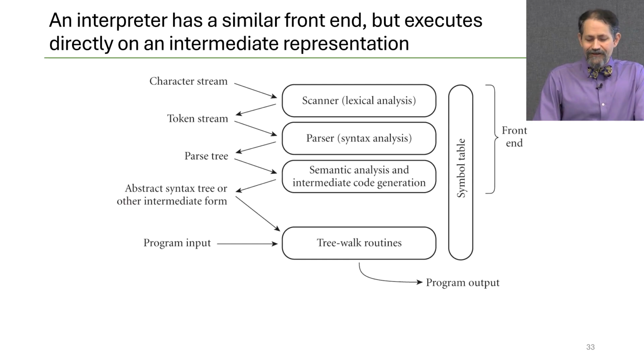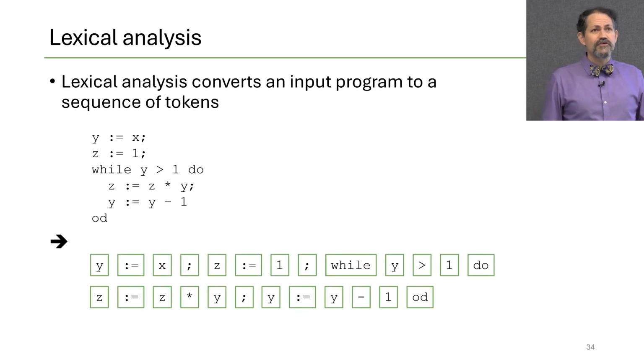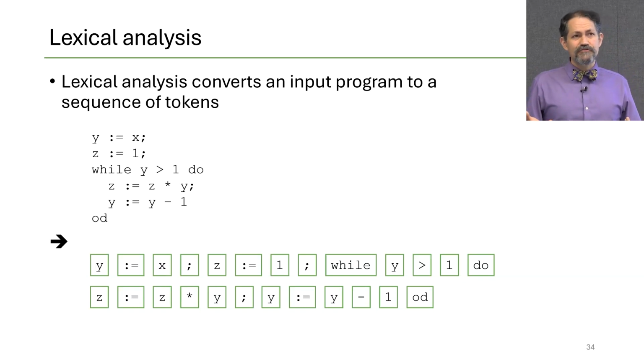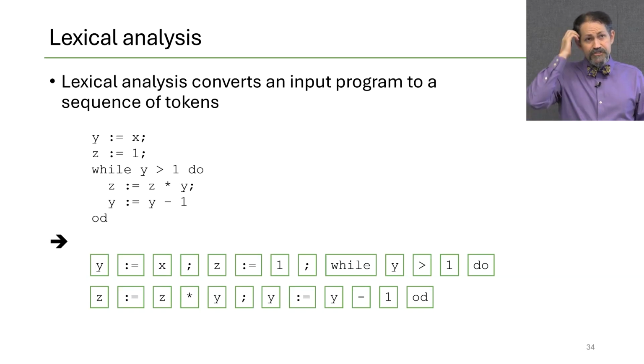Let's go into more detail on the different stages of a compiler. So the first stage is lexical analysis. Lexical analysis converts an input program into a sequence of tokens. For example, take this sequence, which computes the factorial of the input value, which starts out in x.